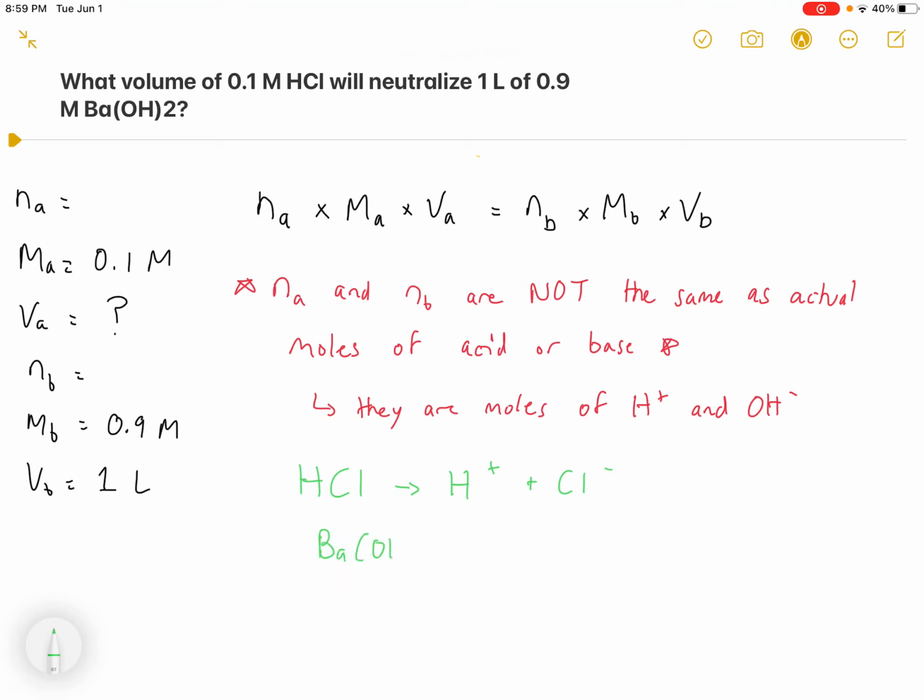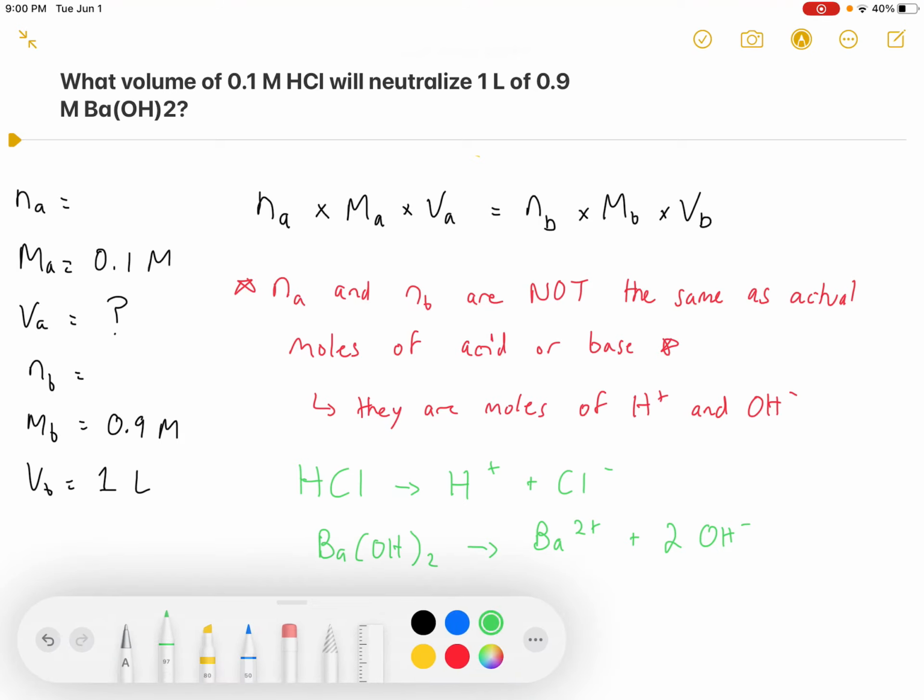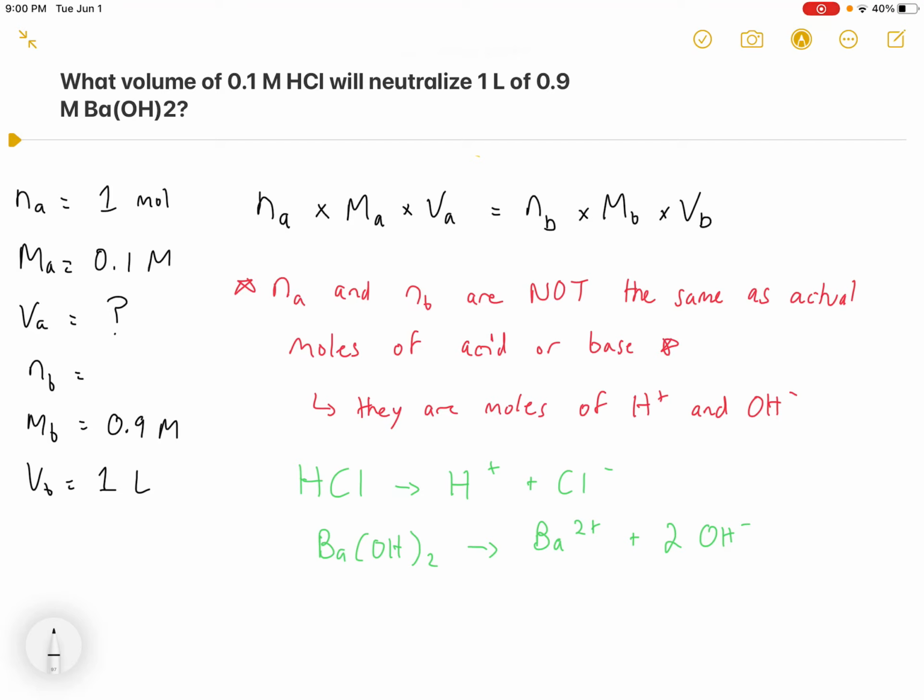Barium hydroxide makes 1 barium 2 plus, again, charges are from the common ionic states of the elements, and 2 OH minus, because there's a subscript of 2 right there. So Na is going to be 1 mole, because there's 1, and then the Nb, or the moles of hydroxide, is going to be 2 moles.